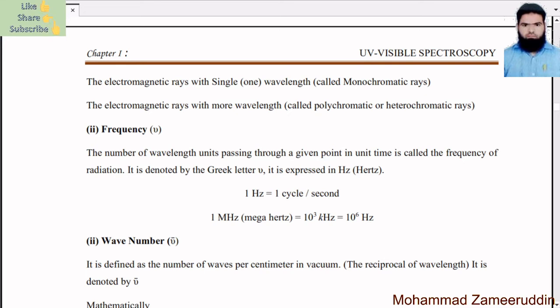It is denoted by the Greek letter nu and expressed in hertz. 1 hertz is equal to 1 cycle per second. And 1 kilohertz is equal to 10 raised to 3 hertz, and 1 megahertz is 10 raised to 6 hertz.